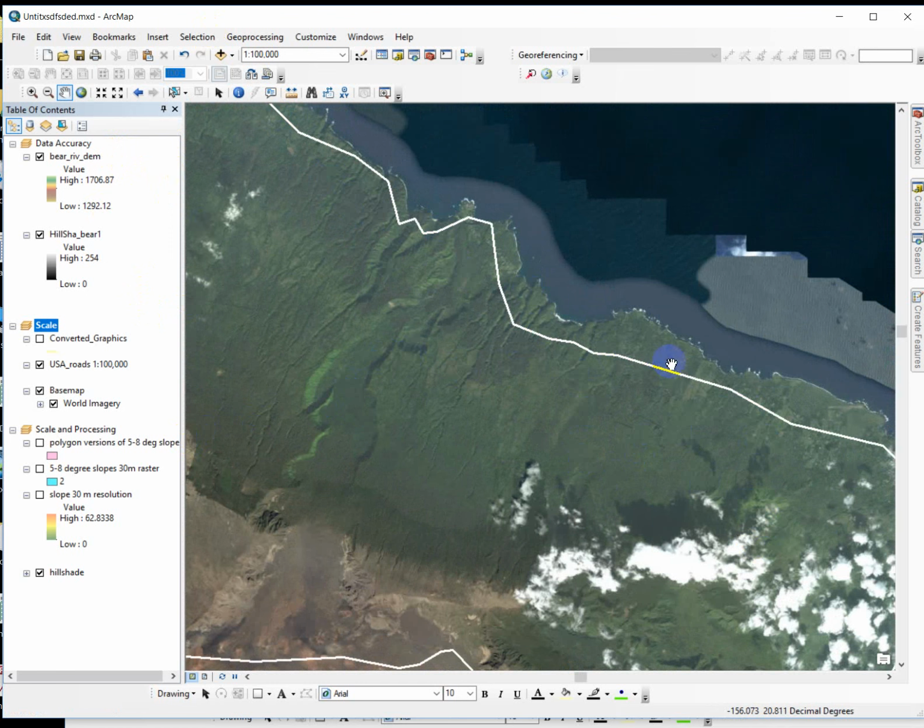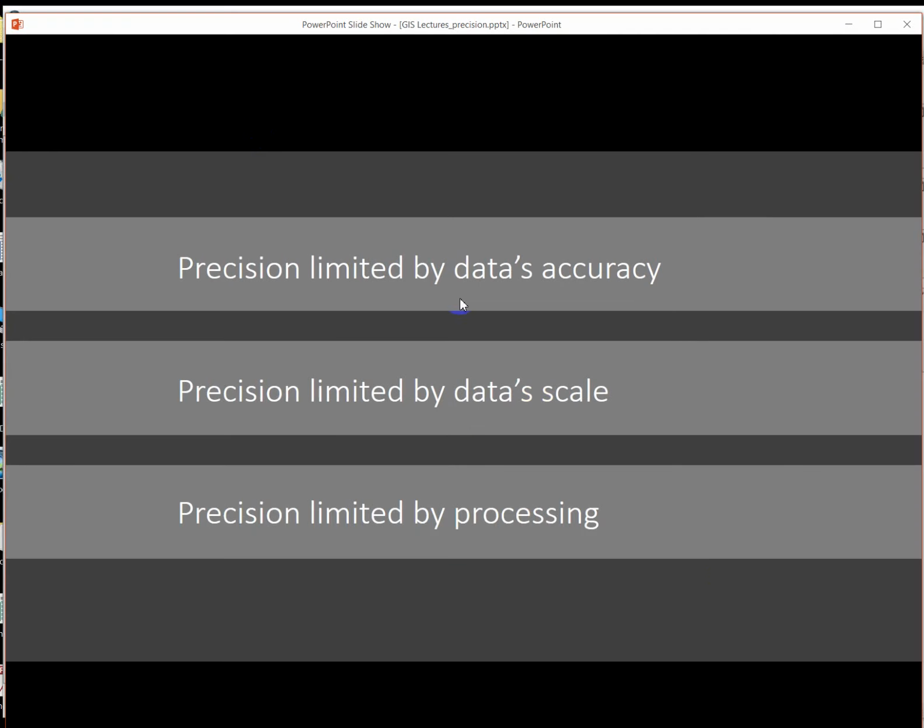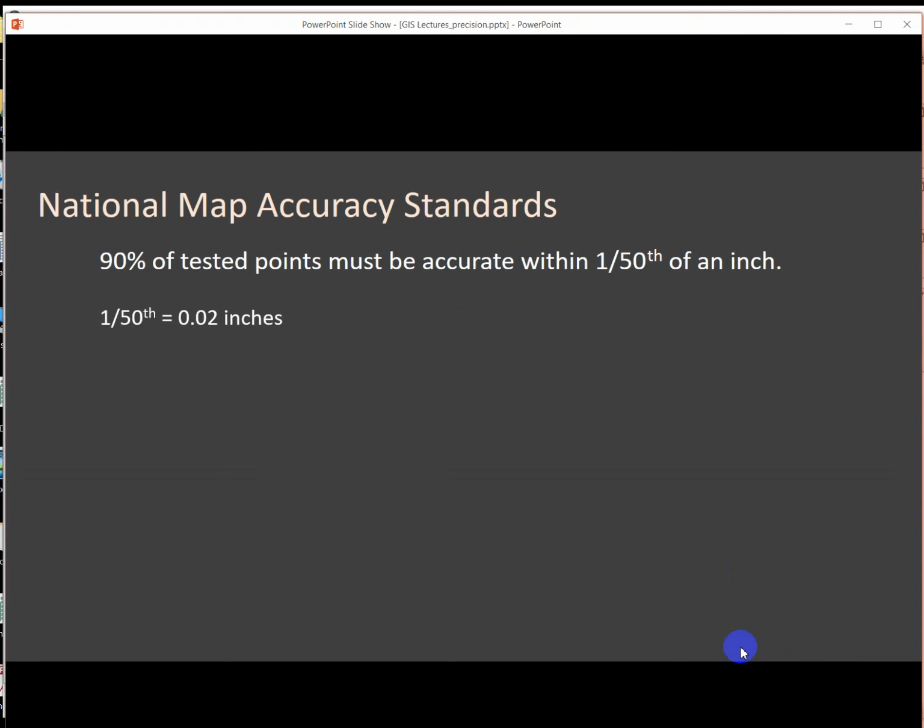So what I want to discuss here is the idea of map accuracy and the map accuracy standards. The national map accuracy standards mean that 90% of tested points of any kind of point, line, or polygon data set must be within 1/50th of an inch of their true location.